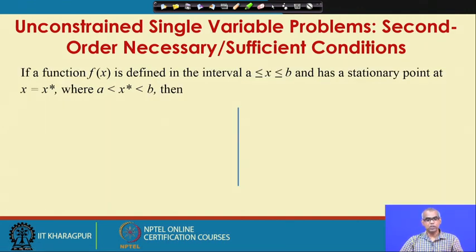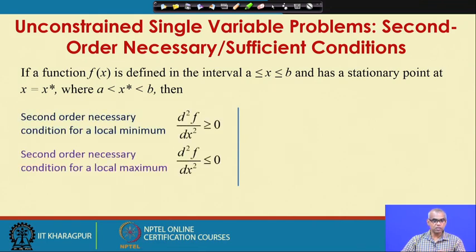Next, let us talk about second order necessary and sufficient conditions for optimality. Again, we are talking about unconstrained single variable optimization problems. So, if a function f(x) is defined in the interval a to b and has a stationary point at x equal to x star, then the second order necessary condition for local minimum is that the second derivative is greater or equal to 0.